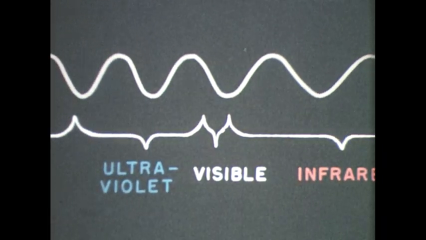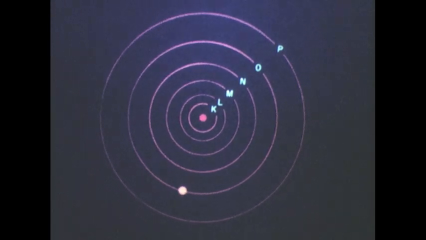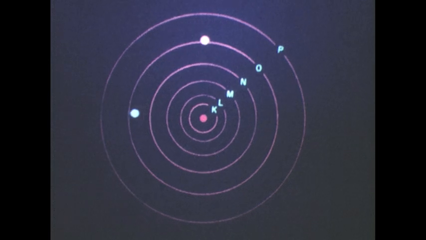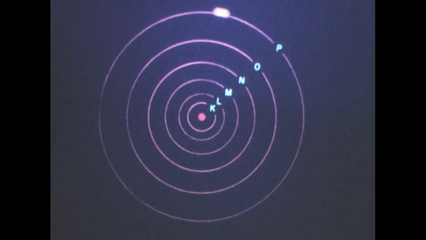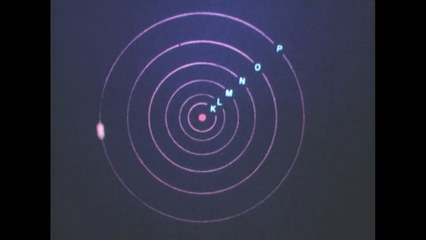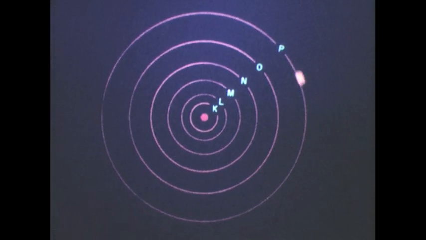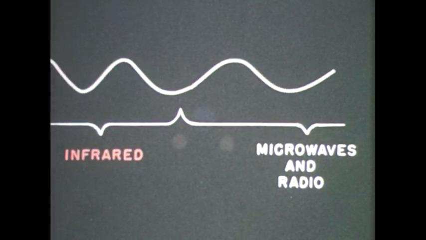In the ultraviolet and visible regions, photons are absorbed by electrons shifting in the outermost orbitals. In the infrared region, photons are absorbed by the vibration of the atoms and the rotation of the molecule.